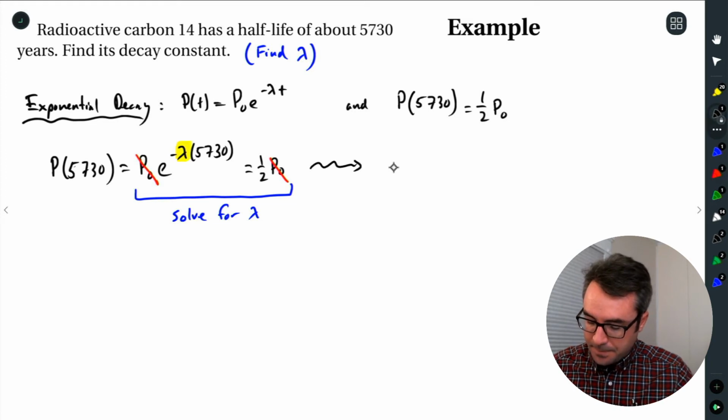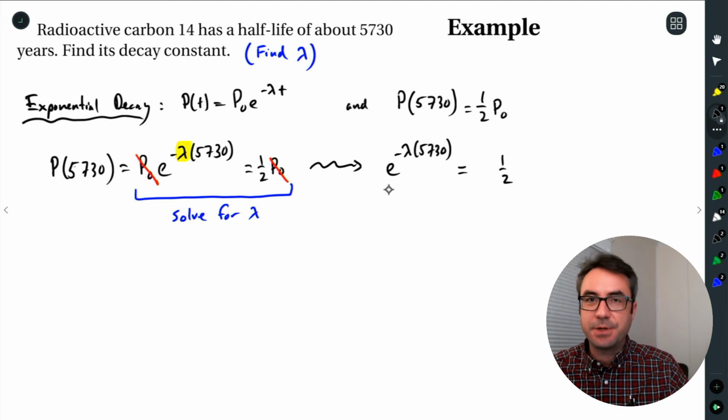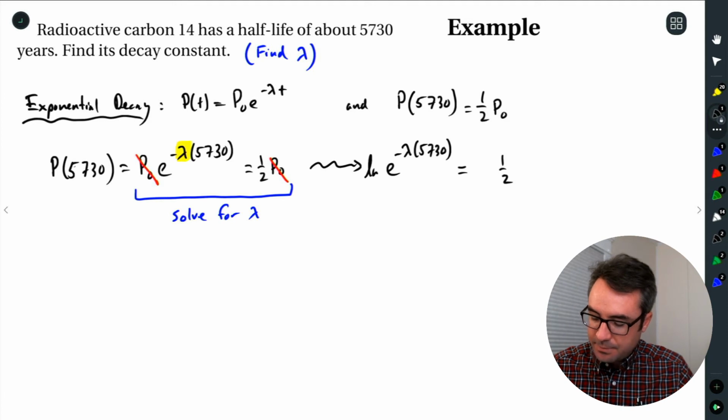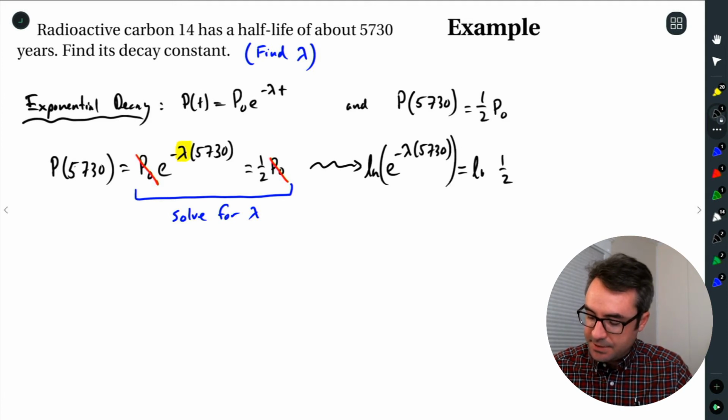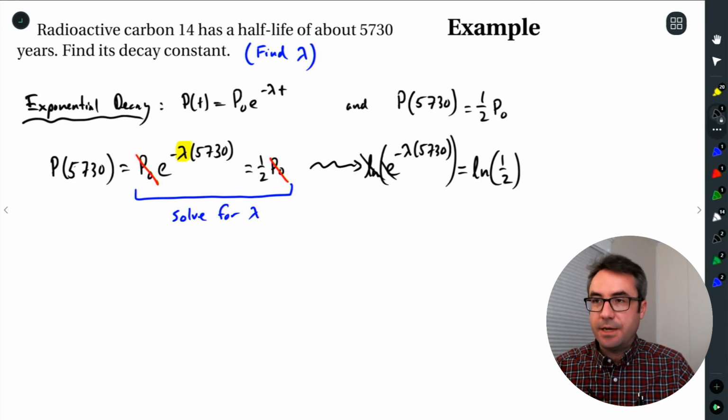So if we do that, we get e raised to the negative lambda times 5,730 is equal to 1/2. Leave some space because we know what we're going to do. We want to get rid of this e now. So how do we do it? Apply natural log to both sides. Natural log and e just cancel out.